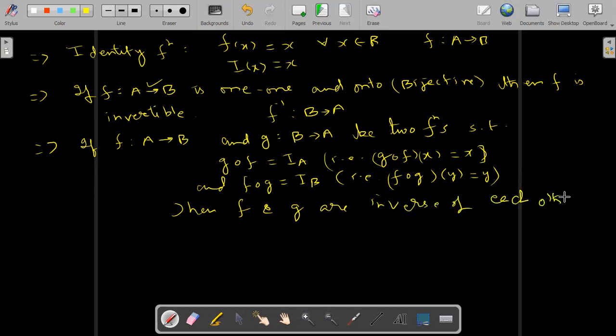So these are the two ways to prove the inverse. Therefore, we can say g is the inverse of f. Next time we will discuss the algorithm and do questions on inverse also.